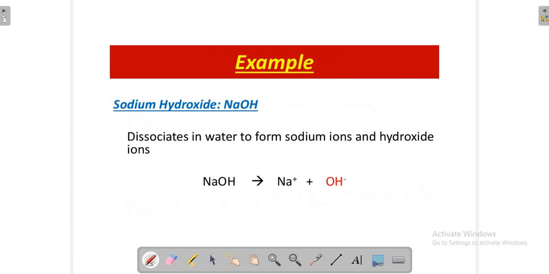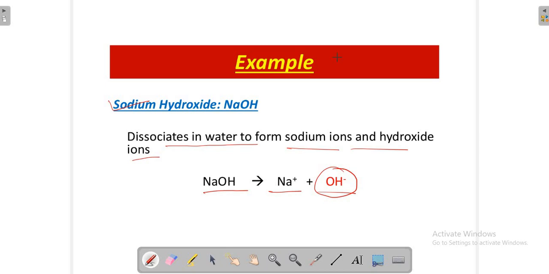Here you can see sodium hydroxide, that is the caustic soda, and it dissociates in water to form the sodium ions and hydroxide ions. Here the NaOH dissociates to give the sodium ions and hydroxyl ion. Because it provides the hydroxyl ion, therefore it is known as an Arrhenius base.